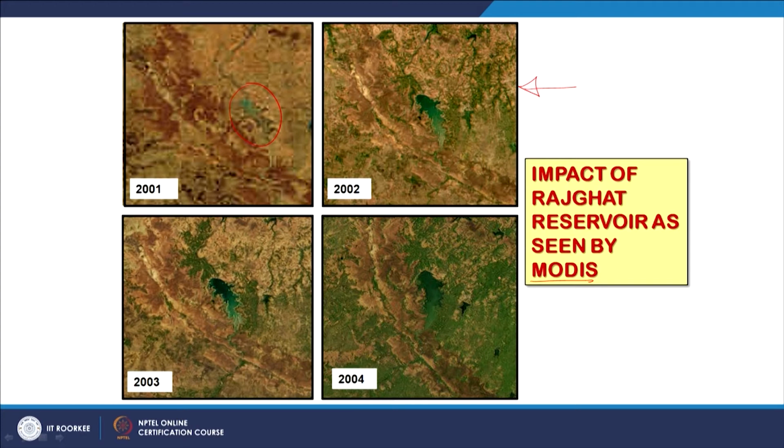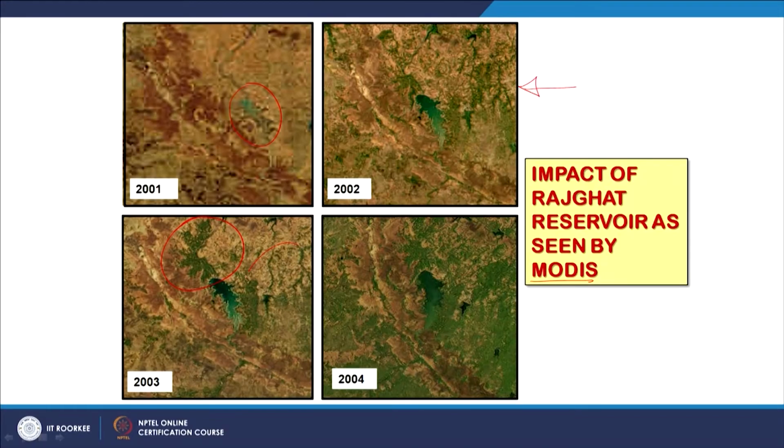So compare 2001 with 2004, and you will get the answer to how many years it would take to recharge the groundwater regime in a hard rock terrain like the Bundelkhand area. Just 2 years. After 2 years, as you can see, a large area is getting benefit because of this reservoir.